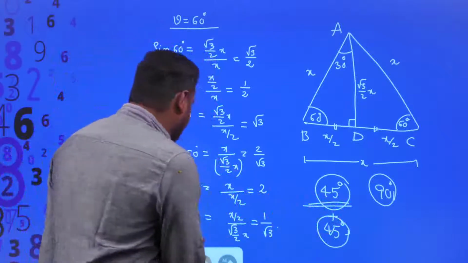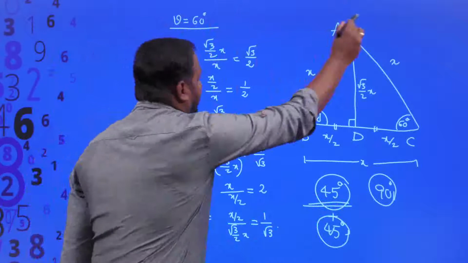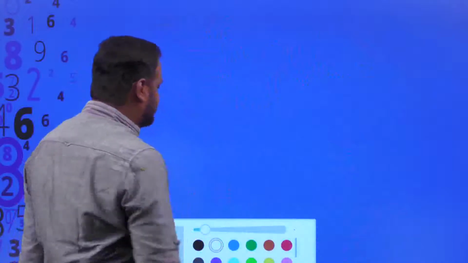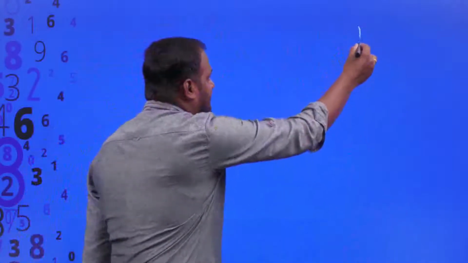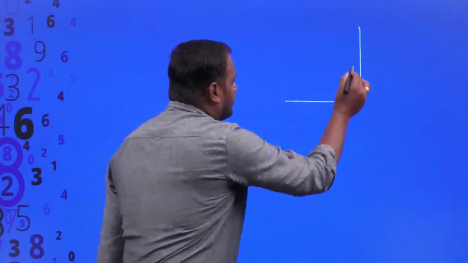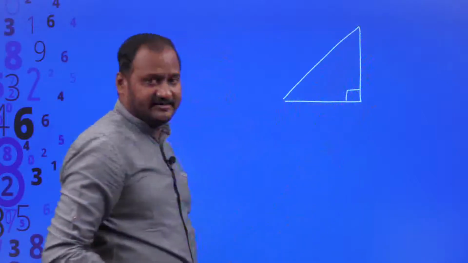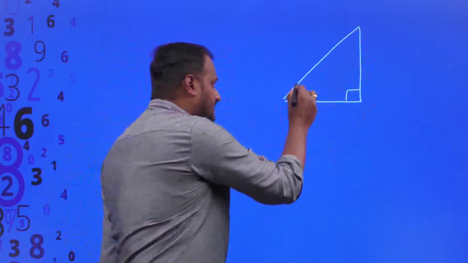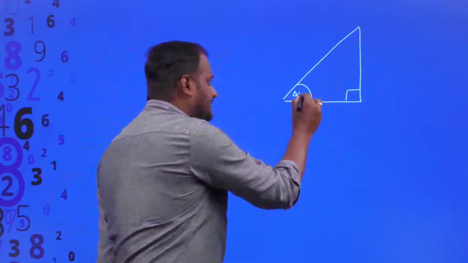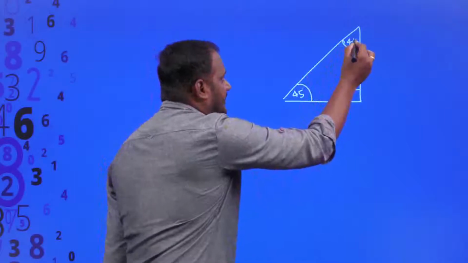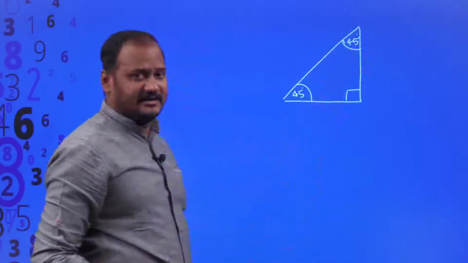So let us draw one right angled isosceles triangle to figure out the values of all trigonometric ratios at 45 degrees. Right angled isosceles triangle means what? One of the angles should be 90 degrees since it is a right angle triangle, and moreover both the angles are equal, so it is 45 degrees, as well as this angle is also 45 degrees.